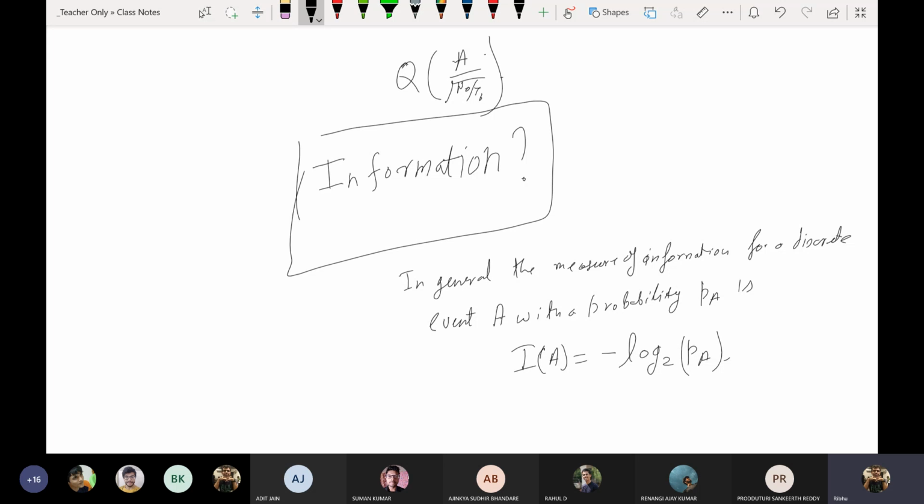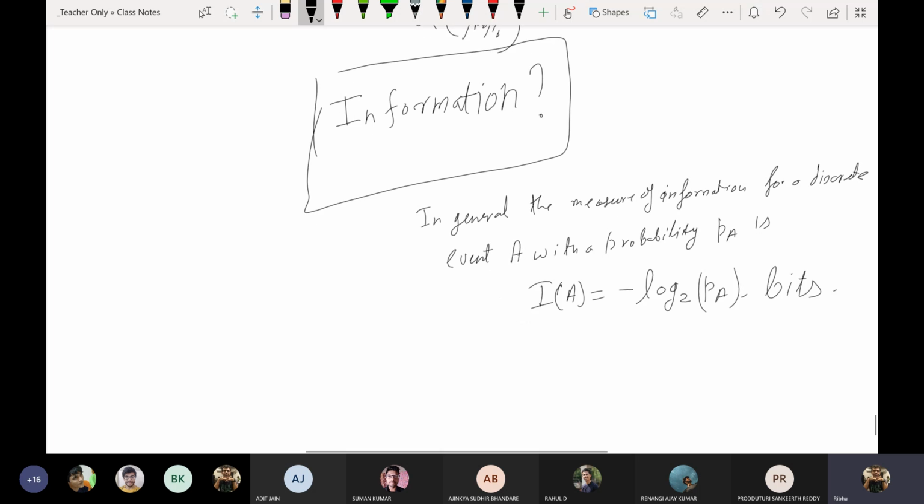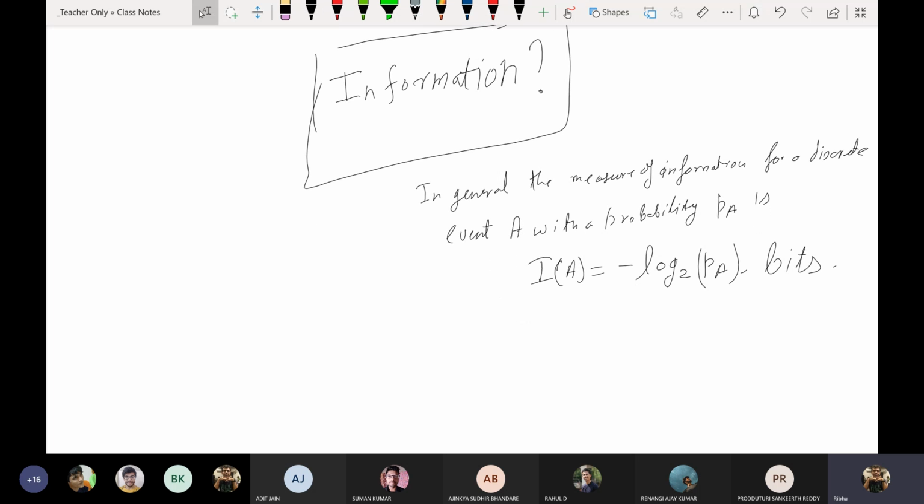So the less likely it is, the more information in bits it carries. And we will base the next semester's course on this, because digital communication is all about this definition of information.